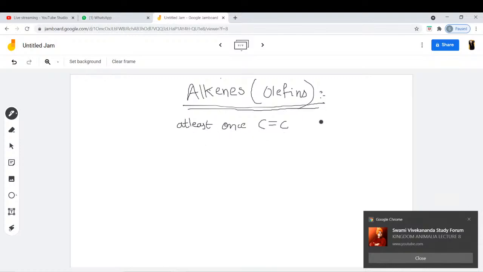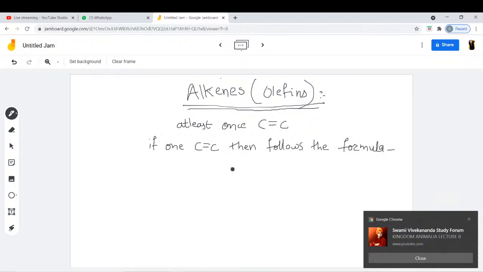And if there is only one carbon carbon double bond, then it follows the formula, which you know very well.